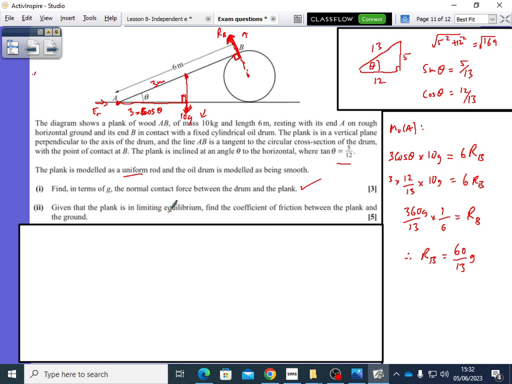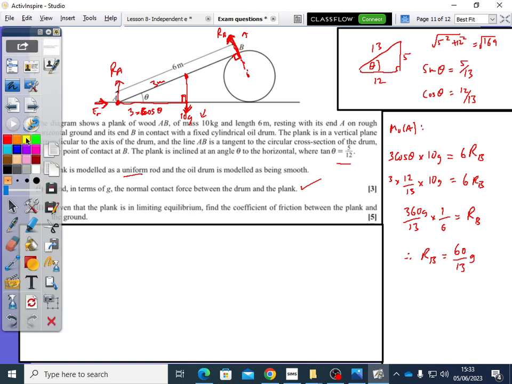Given that the plank is at limiting equilibrium, find the coefficient of friction between the plank and the ground. So what we've got here is friction pushing that way, and we've got the contact at A. Now we've got this going down, which is the weight, and because we've got to take everything vertical and horizontal, this force here, I'm just going to draw it out again.